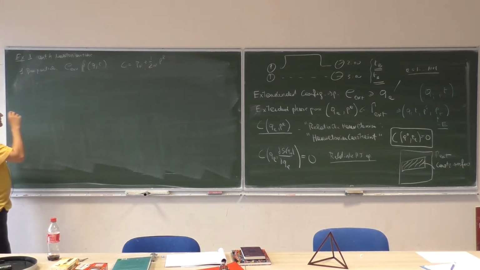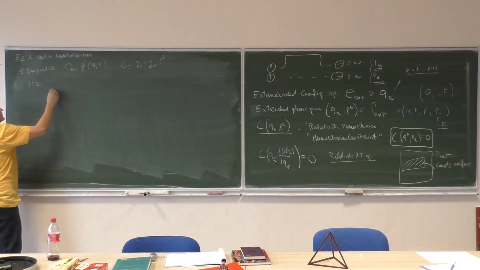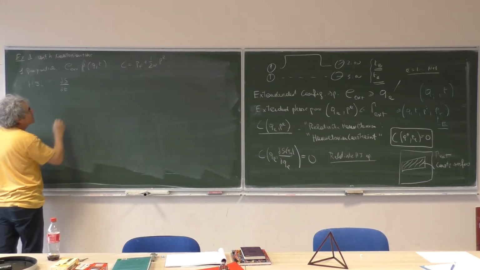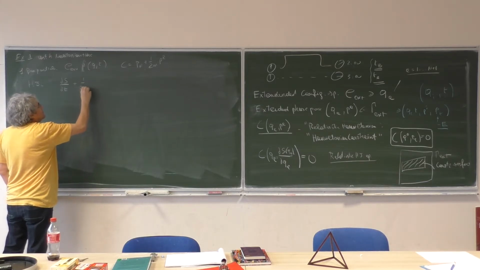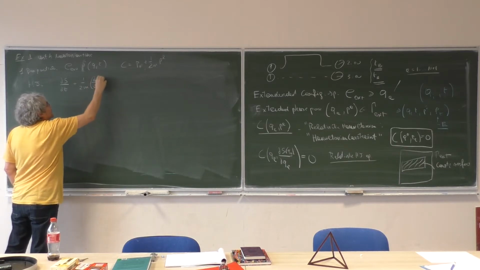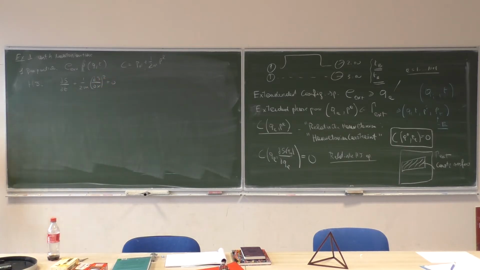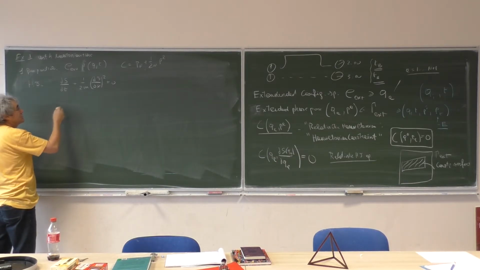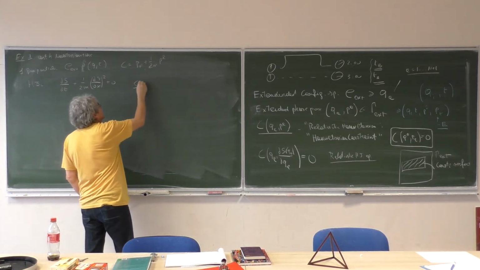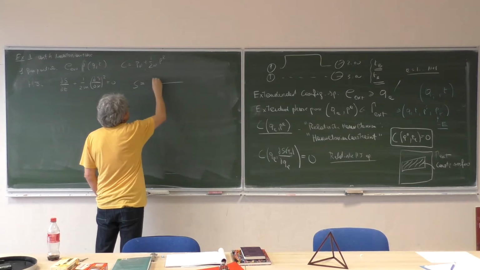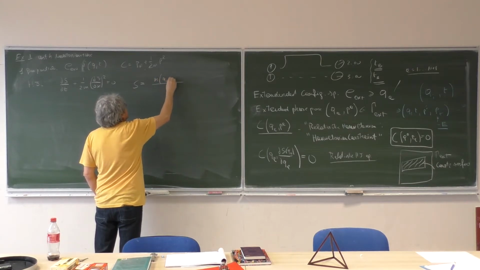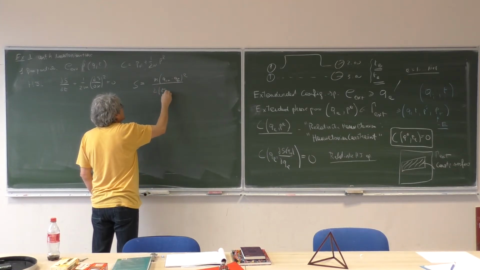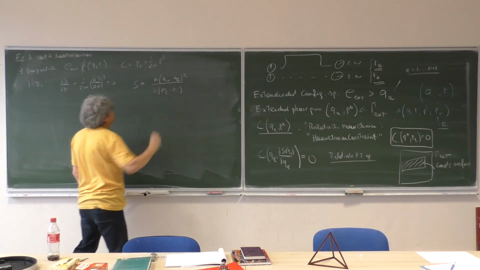So the Hamilton-Jacobi equation is dS over dt plus 1 over 2m (dS over dx) squared equals 0. And a Hamilton function, which is a solution of this equation in both sets of variables, is immediate to write down. The Hamilton function is m (q initial minus q final) squared over 2 (t final minus t initial).